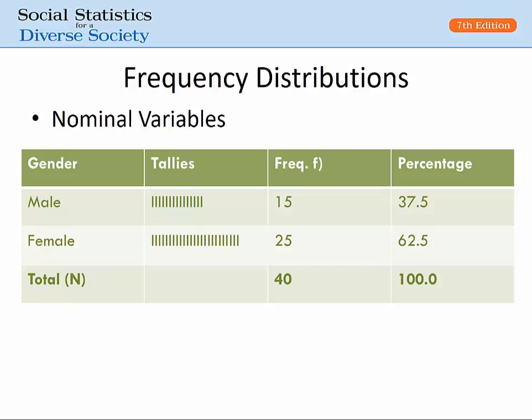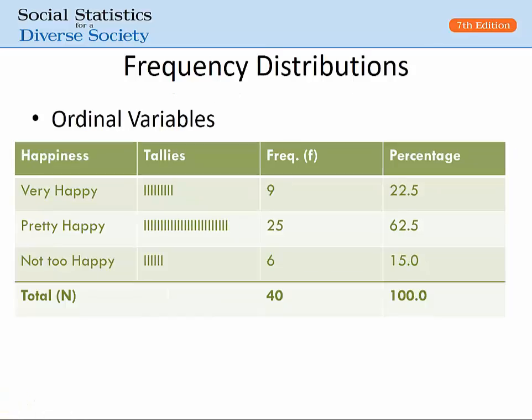First, we can convert it to a relative frequency. So 15 divided by 40 would be 0.375, and 25 divided by 40 would be 0.625. And then if we multiply those by 100, we get the numbers in the last column, the percentages, which are 37.5 and 62.5.